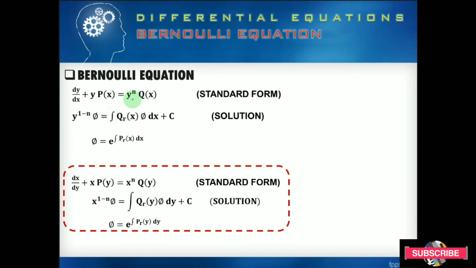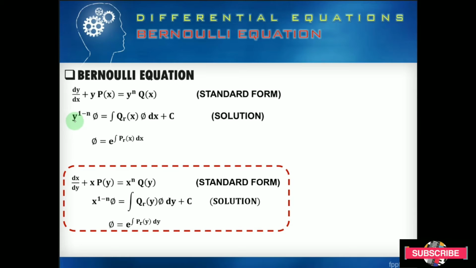You only need to memorize case number 1 here, dy over dx plus y times p as a function of x is equal to y to the n times q as a function of x. Because if it becomes reversed, dx over dy, for the solution you just replace y with x.